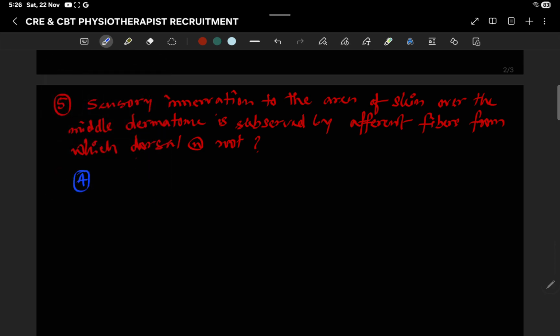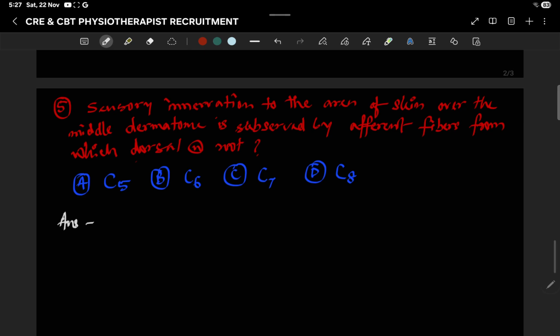Number A is C5, number B option C6, C option C7, number D C8. Here the answer will be option C, C7.